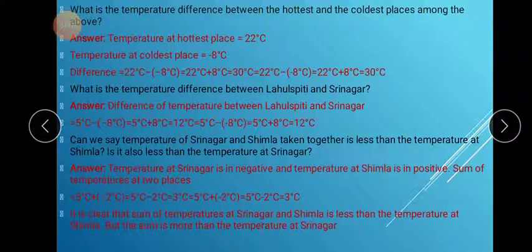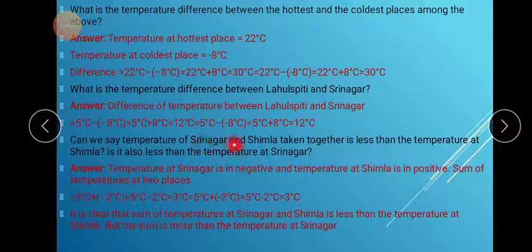Next question. Can you say the temperature of Srinagar and Shimla taken together is less than the temperature at Shimla? The question you have to understand is whether the temperature of Srinagar and Shimla together, meaning if I add Srinagar and Shimla together, whether it will be less than Shimla.